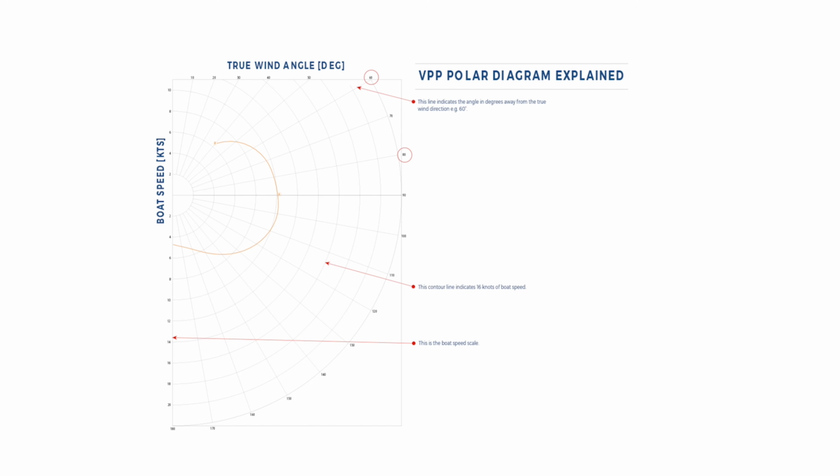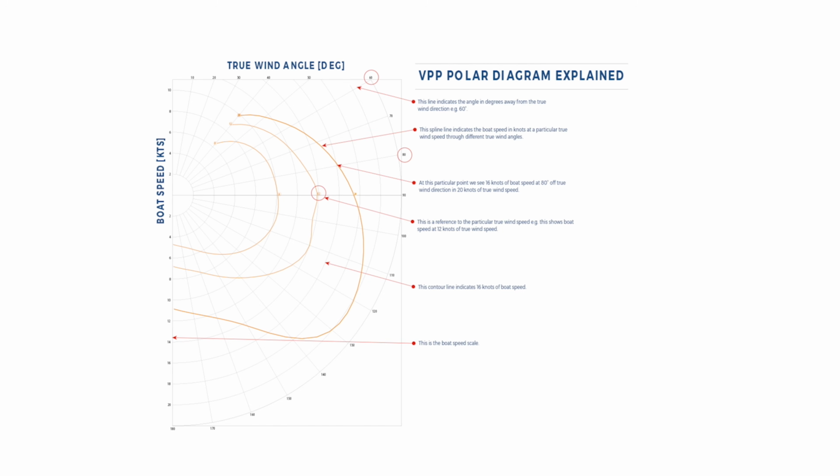So at 6 knots, at this angle you go this fast, at this angle this fast, and you draw a curve around it. Because it's circular, it shows these curves representing the boat's velocity at different wind speeds.